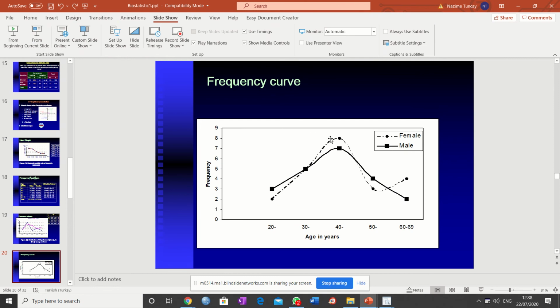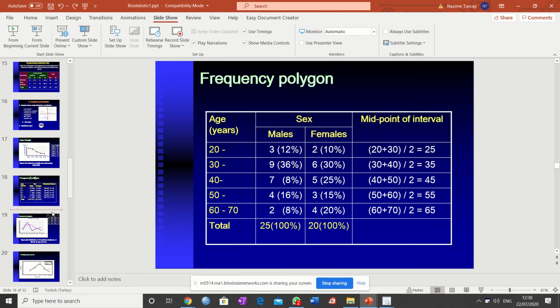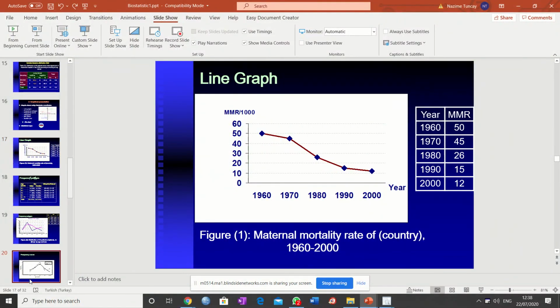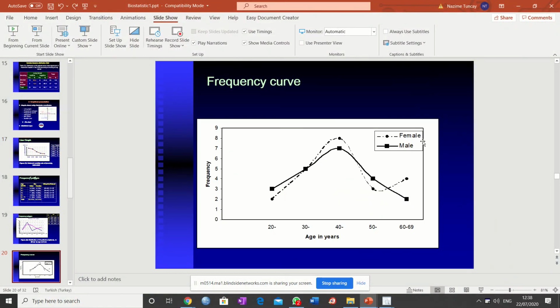This is a curve. Okay, you see that this is a curve. So this is a polygon. This is a line graph. Okay, and this is a curve. And in this curve, what we see is age in years. So we have two different expressions again. So male, let us look at the graph.